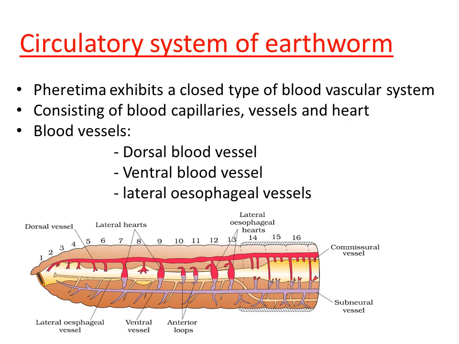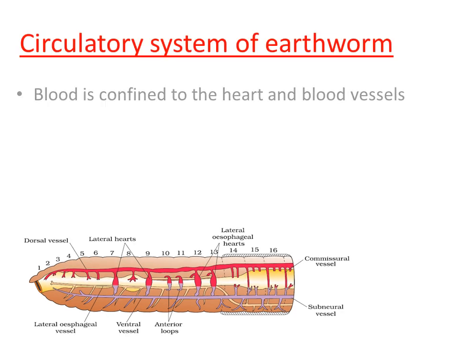Then let us move to one more important thing, that is the circulation of the blood. Blood circulation is always confined to heart and blood vessels, because it is a closed type of circulatory system. The heart is not directly pumping the blood to each and every cell of the body, right?